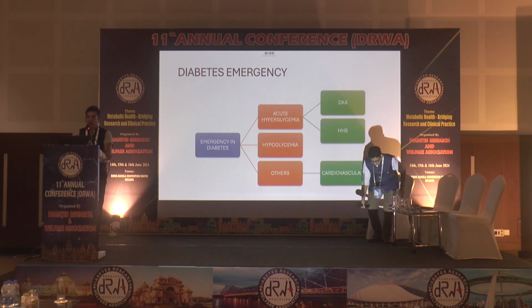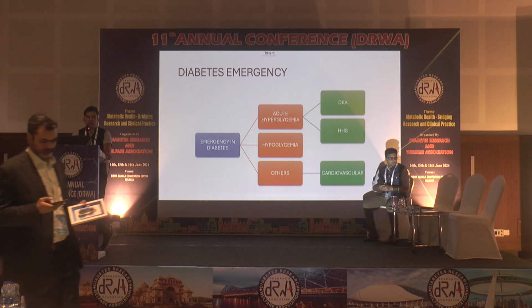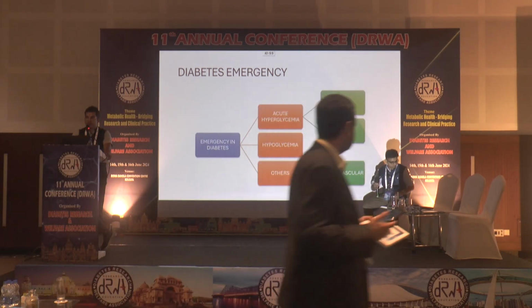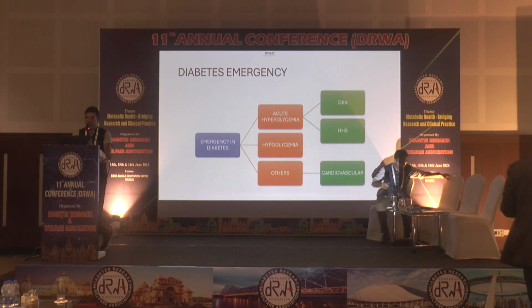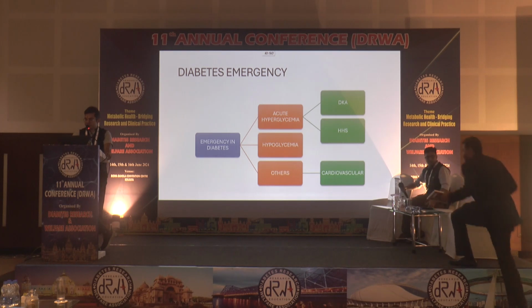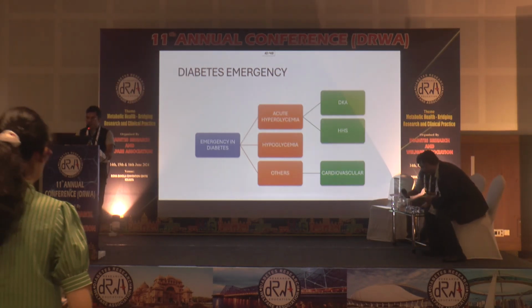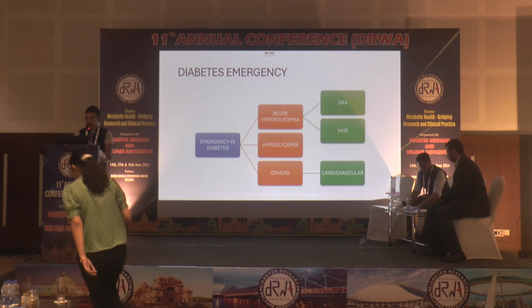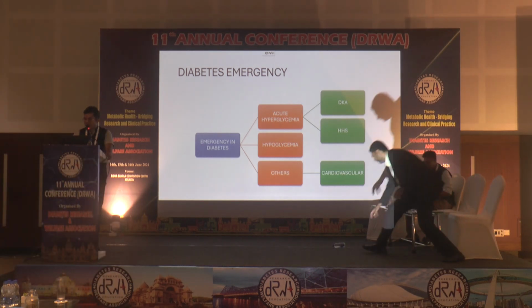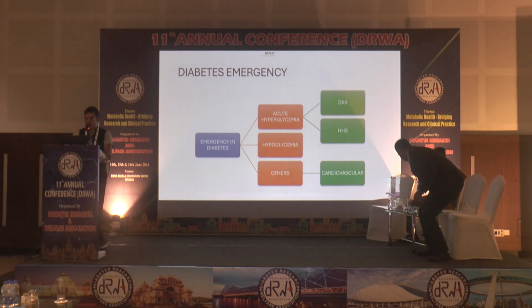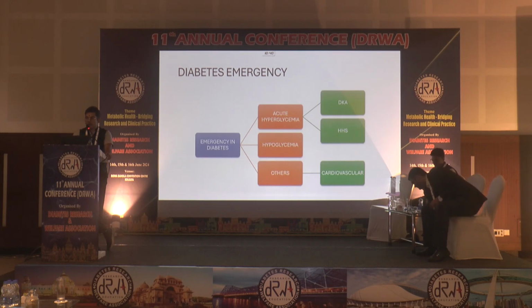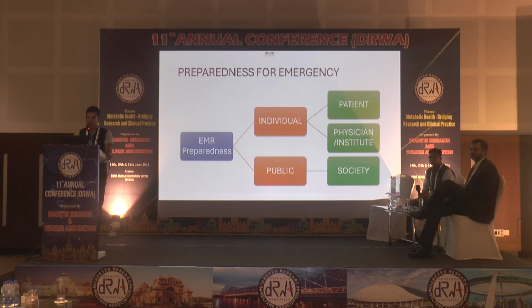So, what are the common emergencies we are dealing with in our day-to-day practice? It can be acute hyperglycemia leading to DKA, or HHS, that is hyperosmolar hyperglycemic state, and hypoglycemia, and the other may be the cardiovascular emergencies.